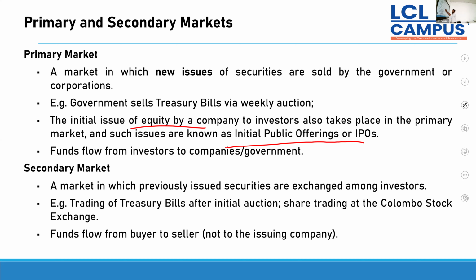Funds flow from investors to the company. Through this only you can get the fund. Next, secondary market is the market where previously issued securities are traded, exchanged among the investors, right?